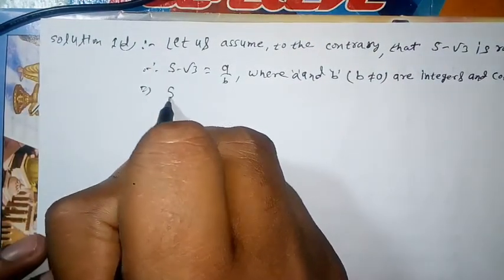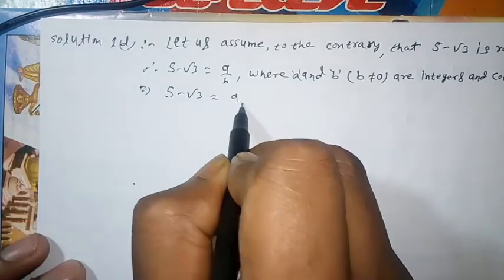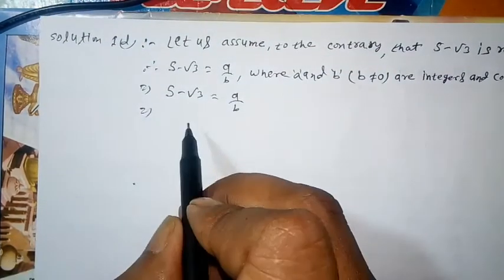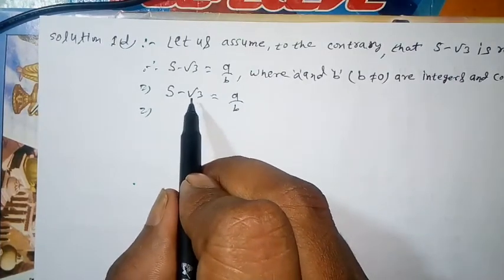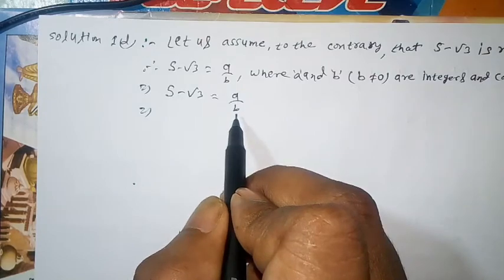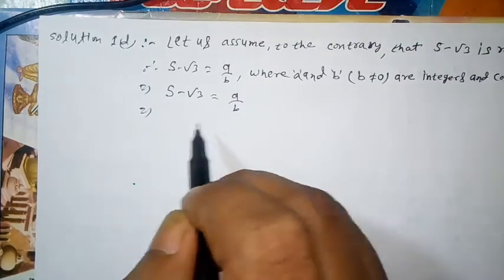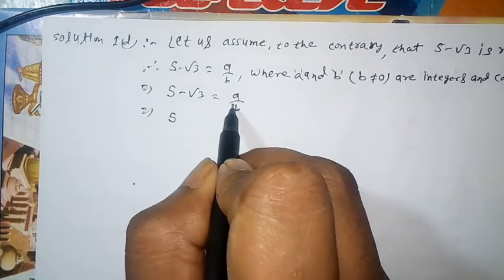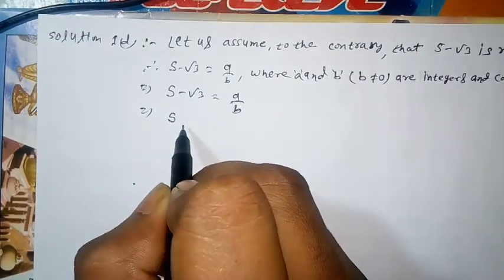This implies 5 minus root 3 is equal to a by b. Okay, this implies minus root 3 goes to the other side and a by b comes to the left side.